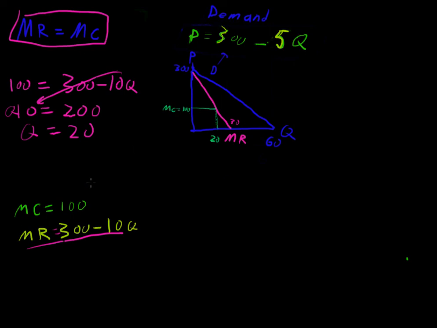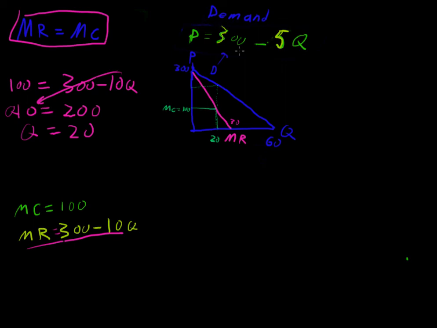It's simply given to us as a static equation, so we'll just take it at that. However, when we look at the demand curve, there's quite a bit of demand if the monopolist is only producing 20 goods. So we go up to the demand curve, and at 20 goods, the demand price is a little bit higher than simply 100. The people in the market are willing to pay a lot more.